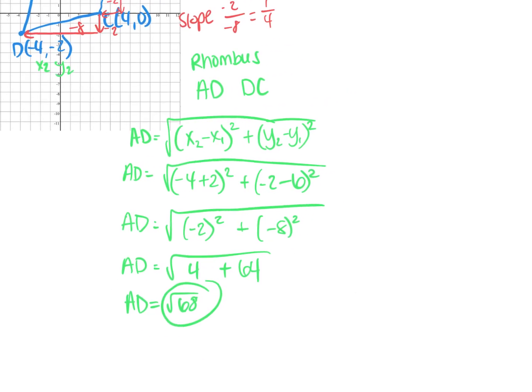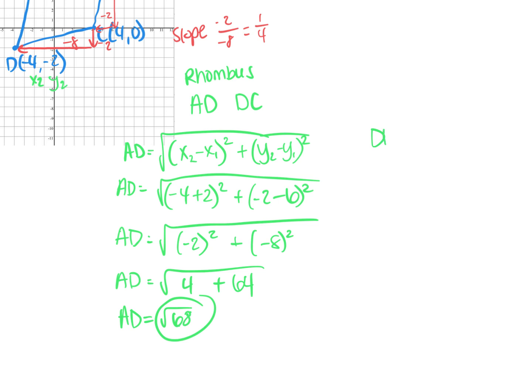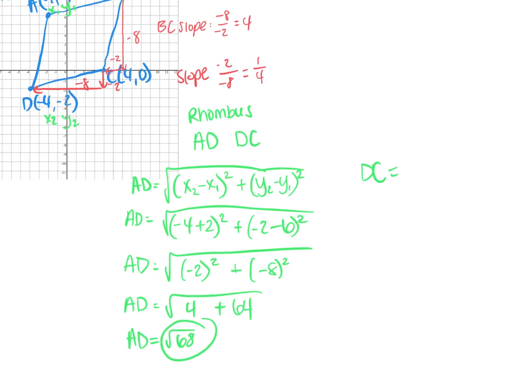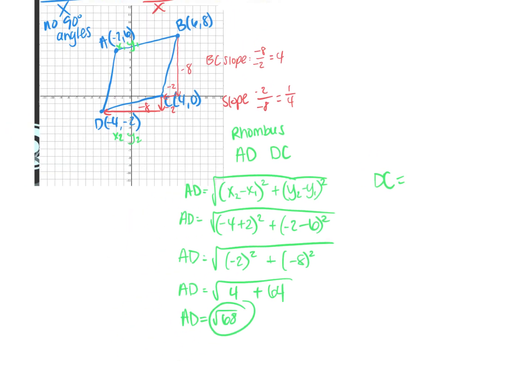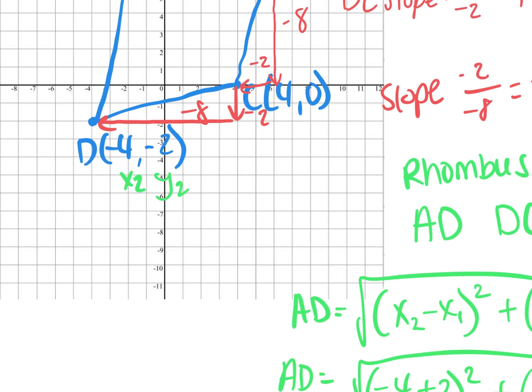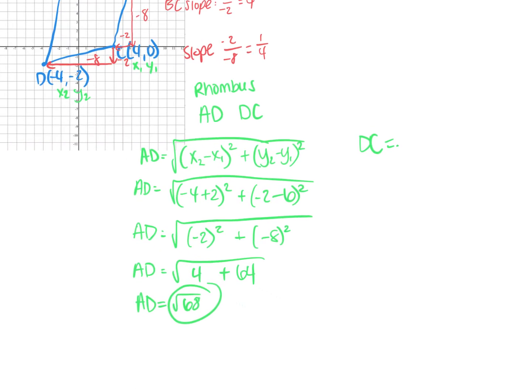So check it out. Let's do DC. So DC, I'm going to keep D as x2 and y2, but I'm going to make C now my x1 and my y1, okay? So let's set it up. It would be the square root of negative 4 minus 4 squared plus y2, which is negative 2 minus 0 squared.